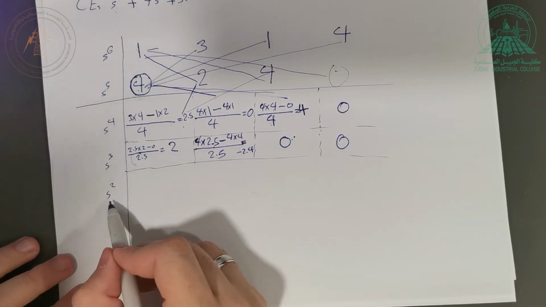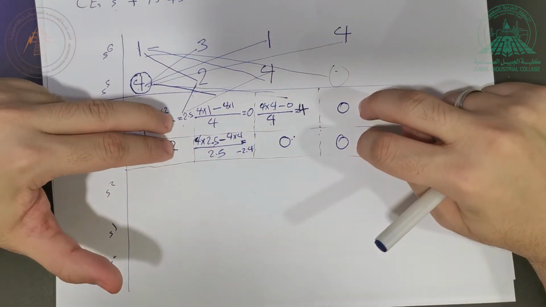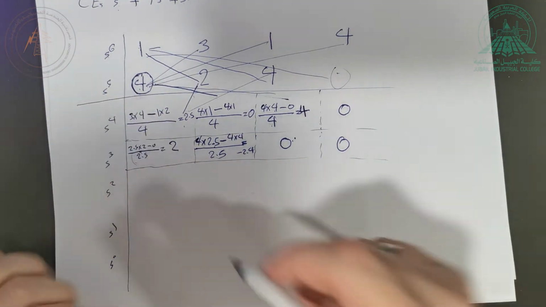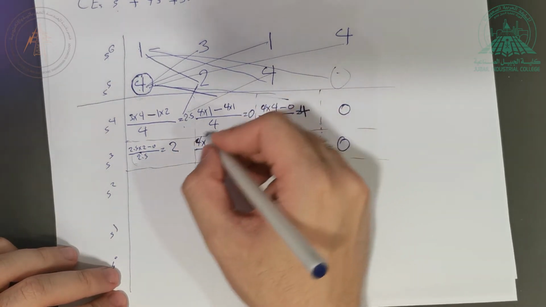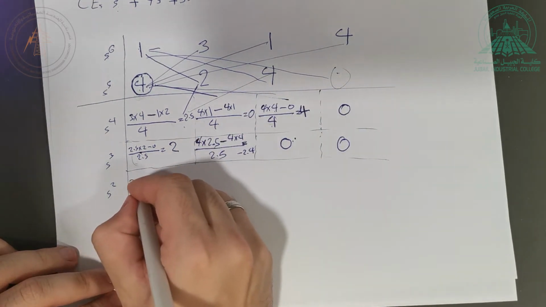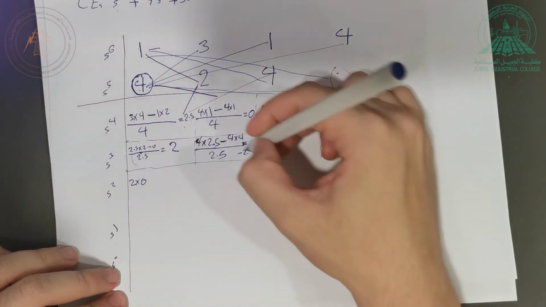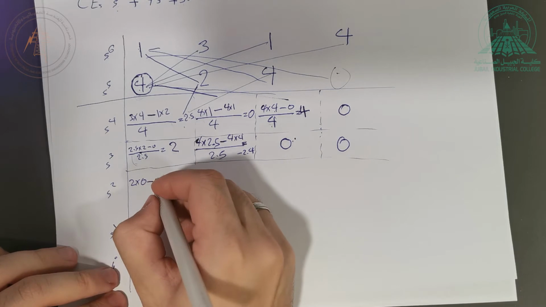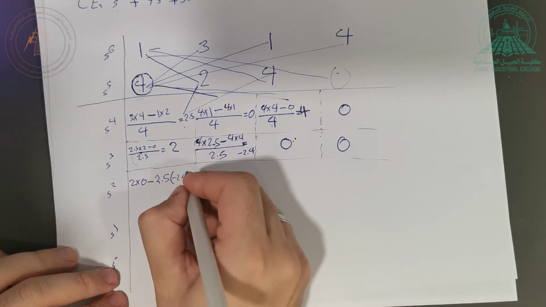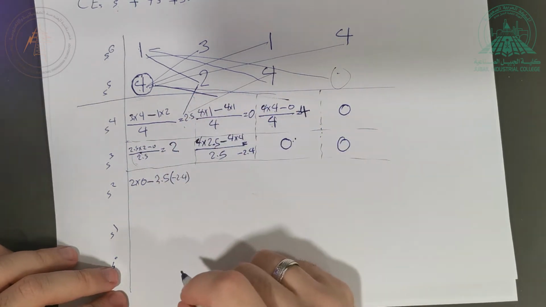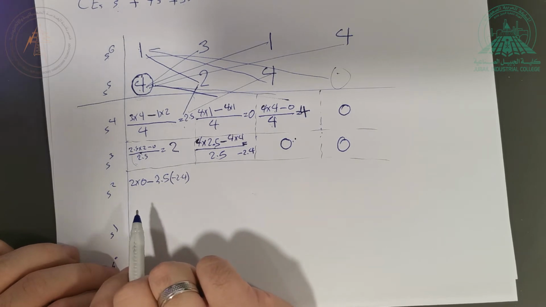Now we move to s square. Which 2 do I take? I take these 2, the 2 directly above it. So in order to get this one, I do 2 multiplied by 0, minus this multiplied by this, so minus 2.5 multiplied by minus 2.4. Right? Divided by what? What should I divide by?